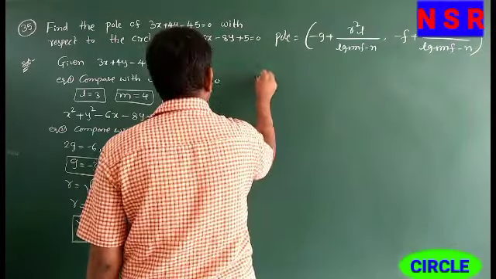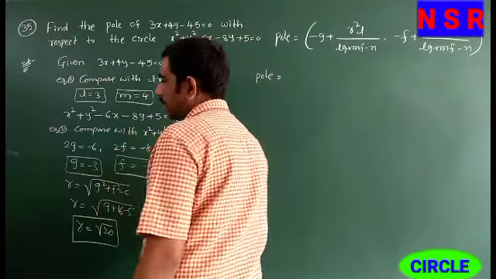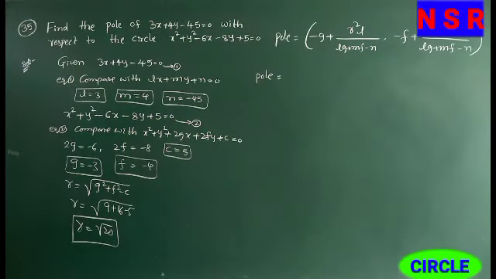So this is formula of pole with respect to circle and line Lx + my + n. So what is the formula of pole? (-g + r²L by (Lg + mf - n), -f + r²m by (Lg + mf - n)).